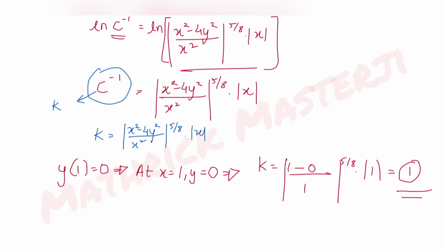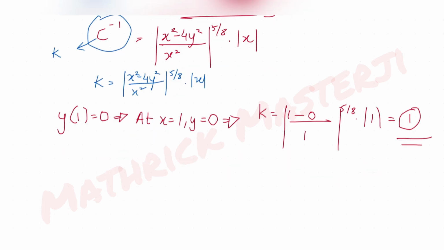If I further try to solve this, I get 1 is equal to mod of x square minus 4y square raised to 5 over 8 divided by, this becomes x square raised to 5 over 8, which is nothing but x raised to 2 into 5, so 10 over 8, and mod of x as it is here.